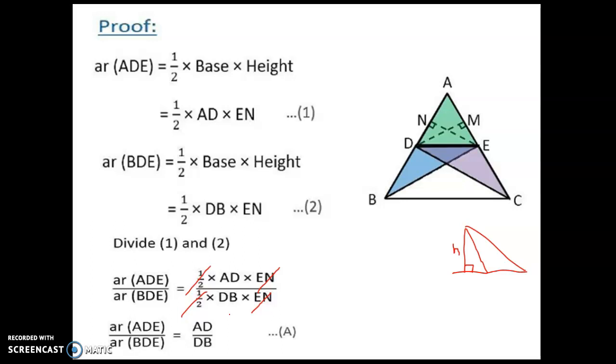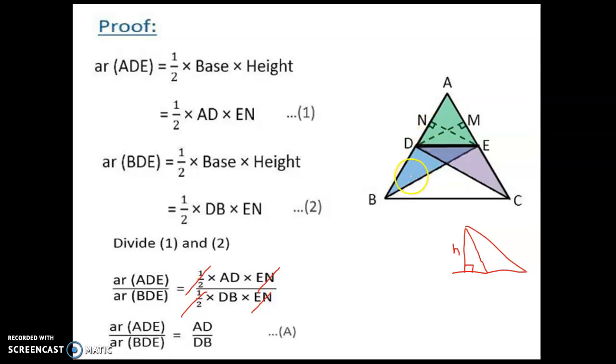Now again we are going to do the same step for another set of triangles. Till this you understood, I believe. First we are taking this light green color triangle. For that we are writing the area. Base we are taking from the left side, AD as base, and EN as height.